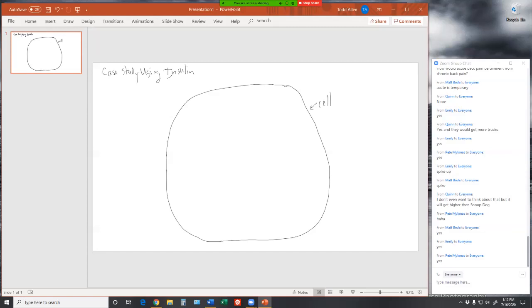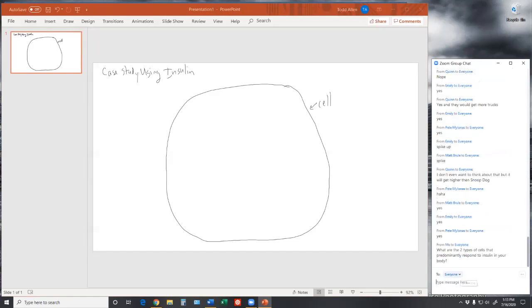So let me ask you at this time, question coming through the chat window. What are the two types of cells that predominantly respond to insulin in your body? It's a little bit of a loaded question because there are more than two types of cells that respond to insulin.